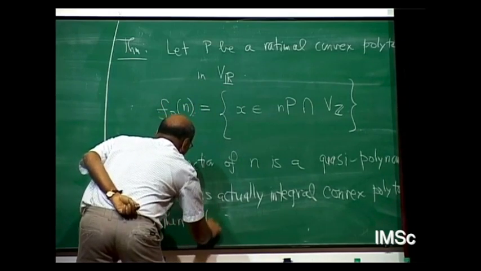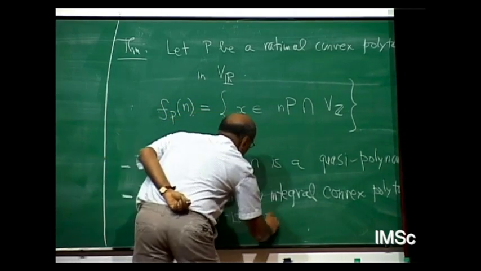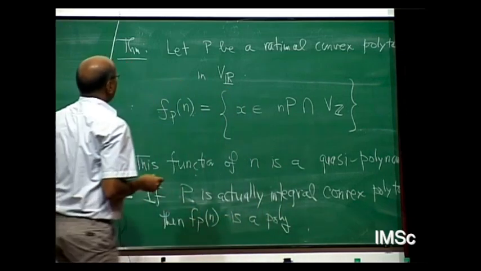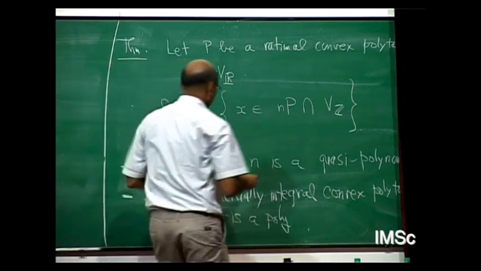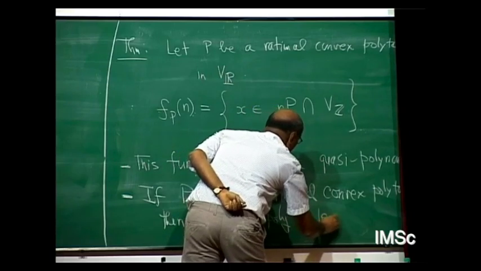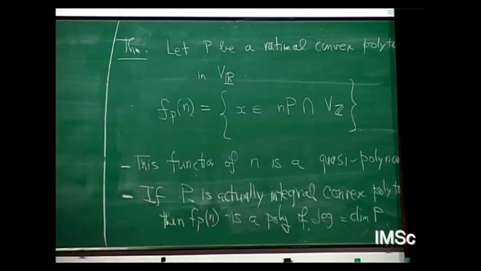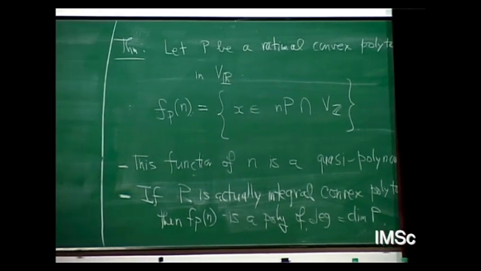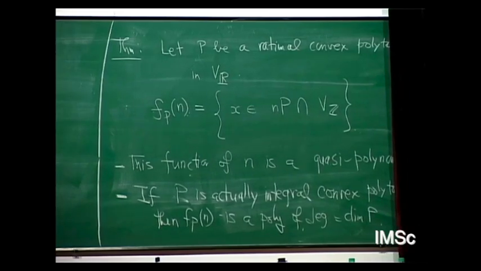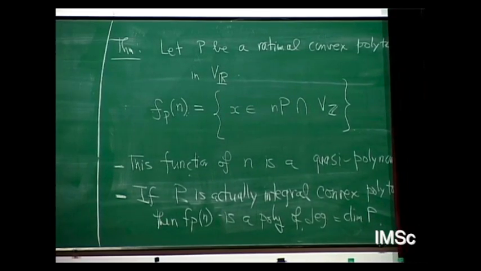Then F_P is a polynomial of degree equal to the dimension of P. So this is one of the basic theorems in this subject. For all n. That's beautiful. Indeed, I learned about this theorem only recently, and I could not believe it.